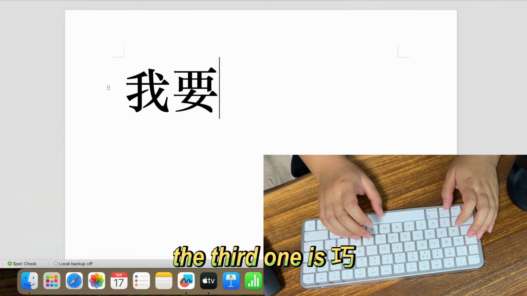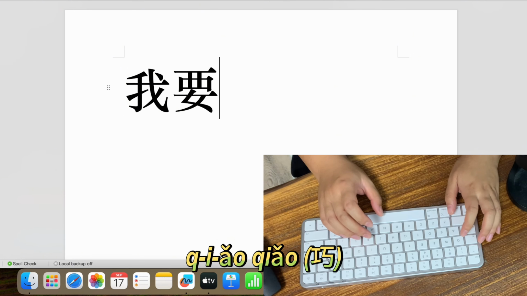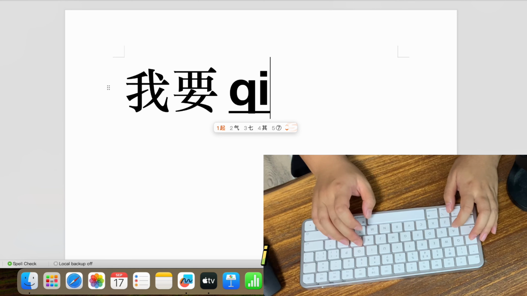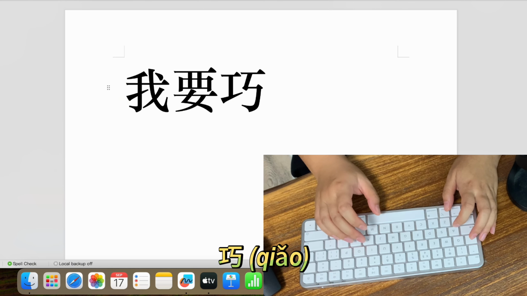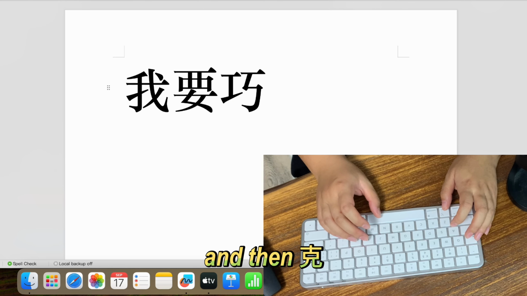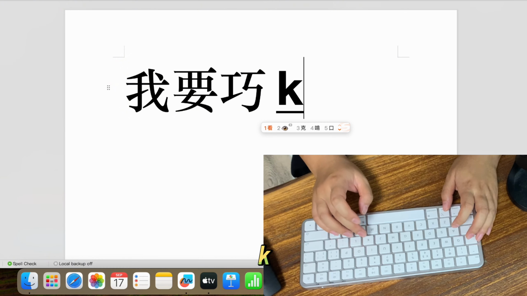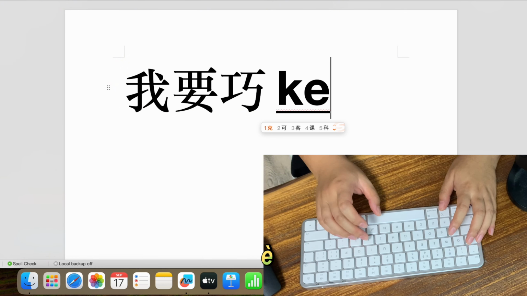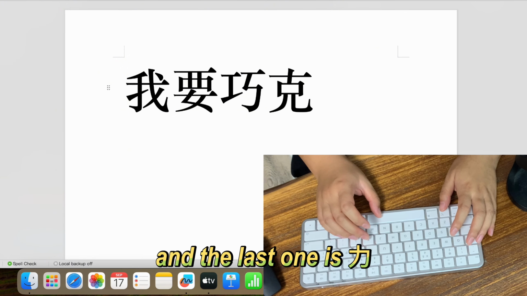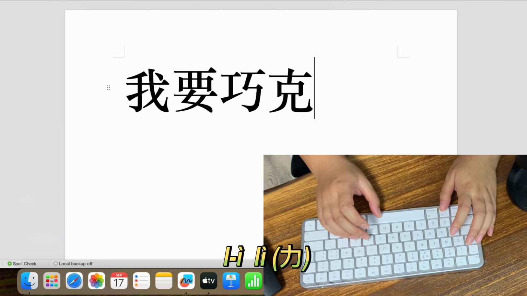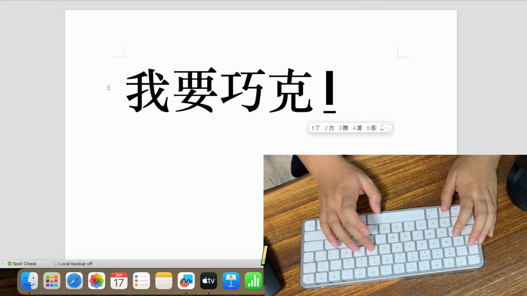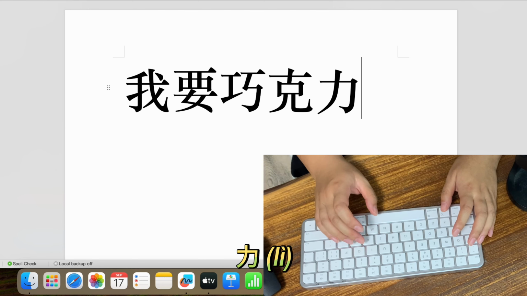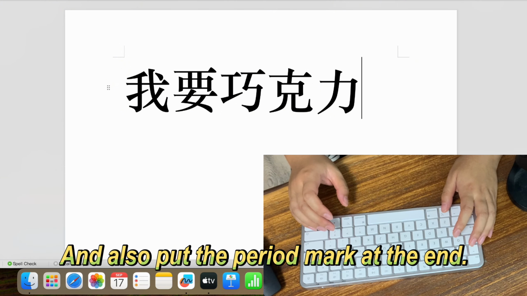The third one is 巧 and then 可 and the last one is 力, and also put the period mark at the end.